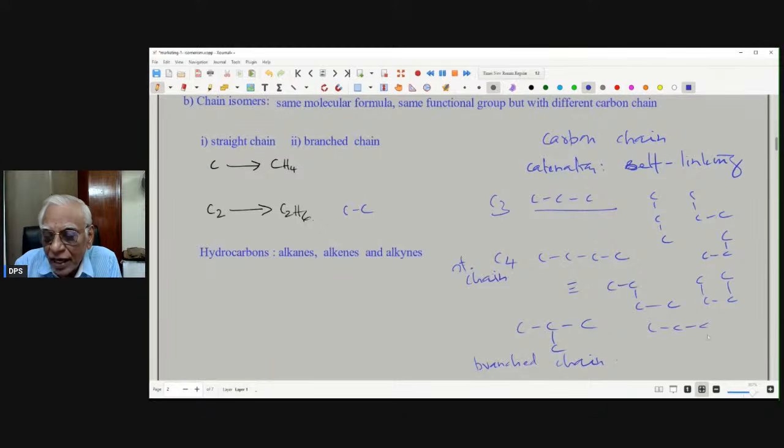You cannot say branching takes place in the terminal carbon atom, because that is equivalent to writing all the 4 carbon atoms straight away. Instead of writing it straight, you have just put it down. It is still a straight chain compound, because you are able to touch all the carbon atoms continuously without coming back.